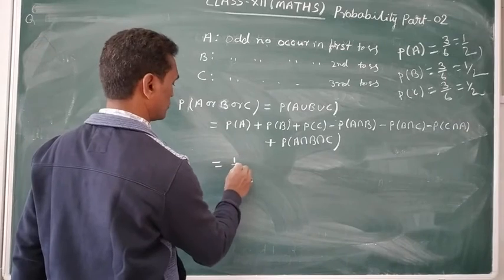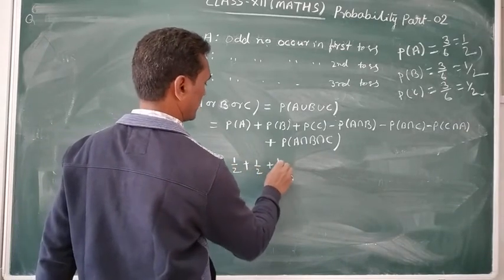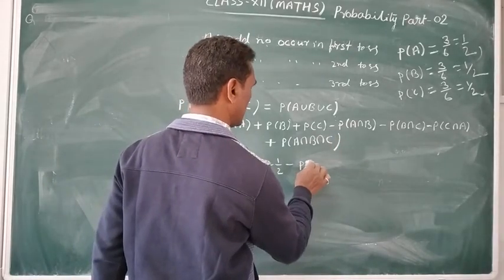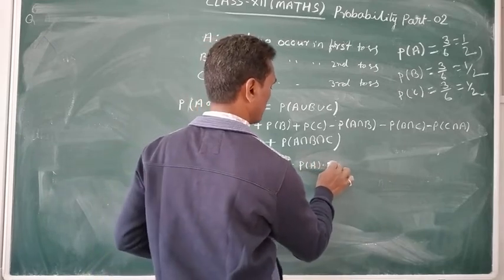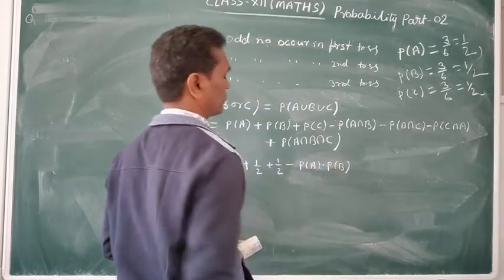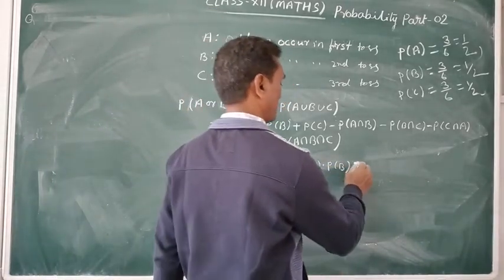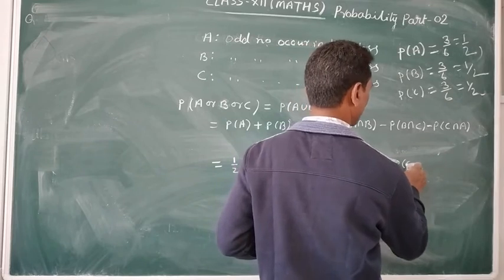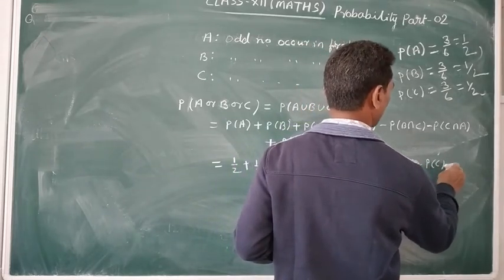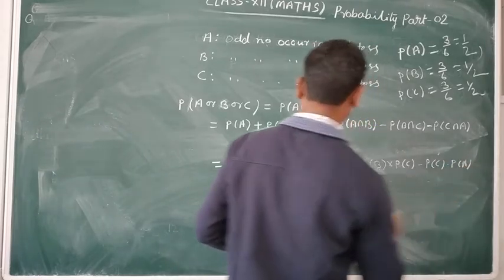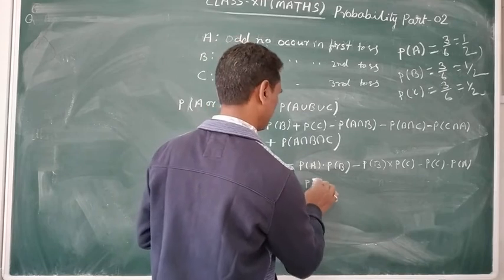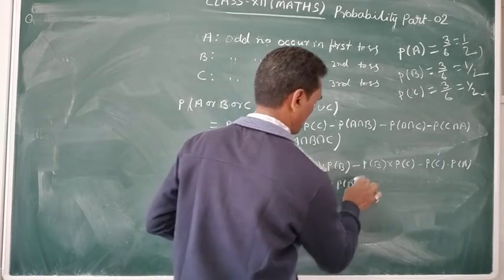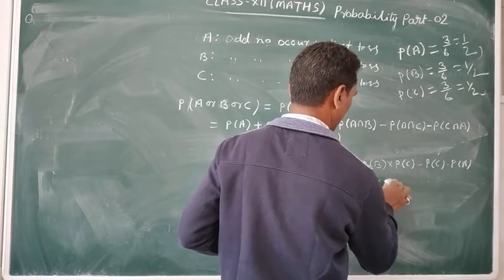So PA is 1 by 2 plus 1 by 2 plus 1 by 2, and now A intersection B, which can be written as PA into PB, since A and B are independent, minus PB into PC, minus PC into PA, and plus sign PA, PB, and PC.